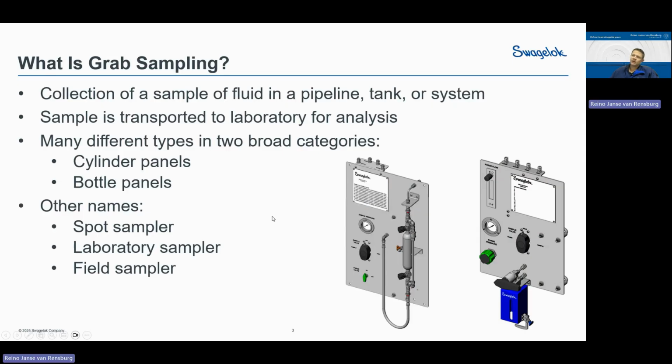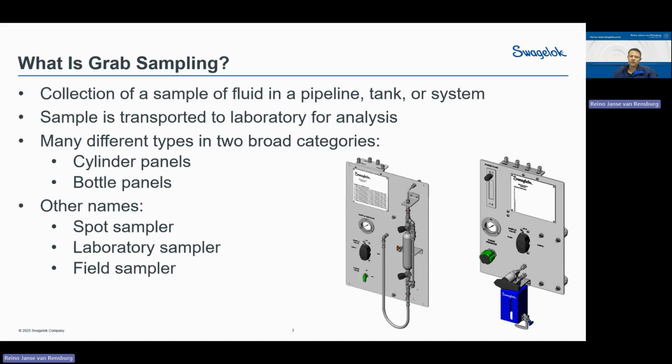Okay, so what is grab sampling? Grab sampling is a collection of a sample of fluid in a pipeline, a tank, or a system. Normally when you do grab sampling, you want to transport this sample to your laboratory, whether it's on-site or off-site, for analysis. There are many different types, but they're basically in two broad categories.